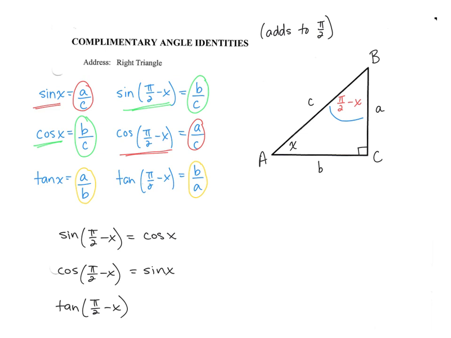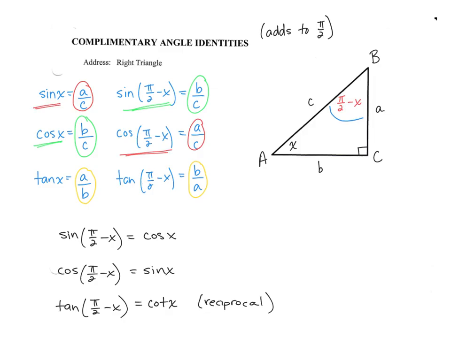So I can say that tan of pi by 2 minus x is equal to cotangent x, which we know is its reciprocal. So those are 3 more identities that we have.